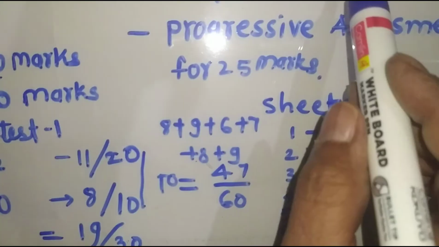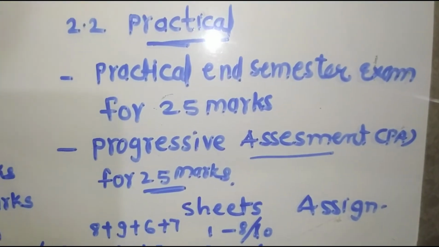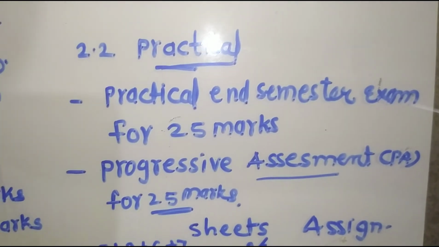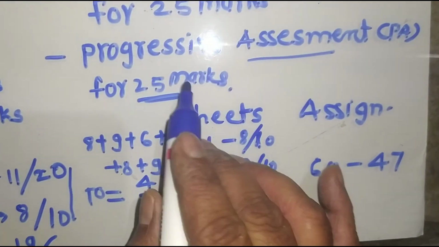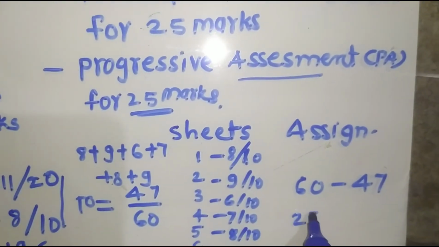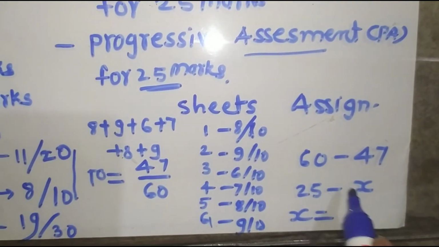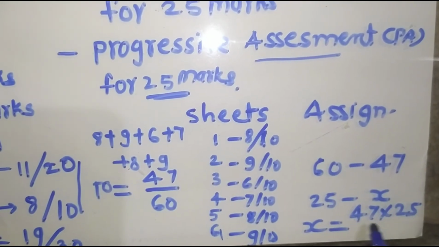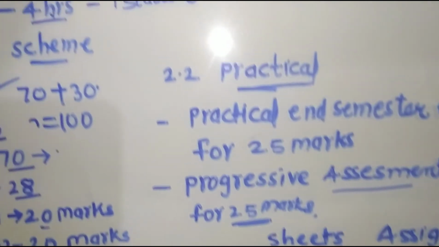But for practical and progressive assessment, they have given 25 marks. Means for 60 marks, he has scored 47. But for the board conversion, which is of 25 marks, that is x. X is equal to 47 into 25 upon 60. That will go to your mark sheet.